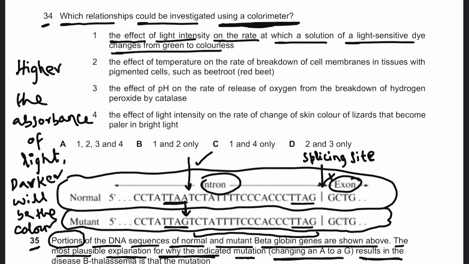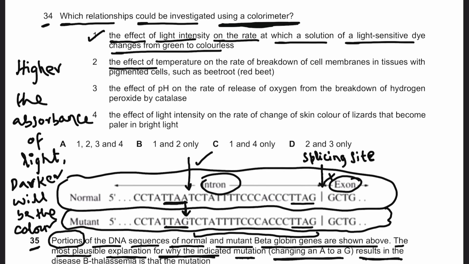We can investigate this relationship by colorimeter because in this reaction a light sensitive dye is changing color from green to colorless. There is a color change, and the change in the intensity of the color can be recorded by the colorimeter.